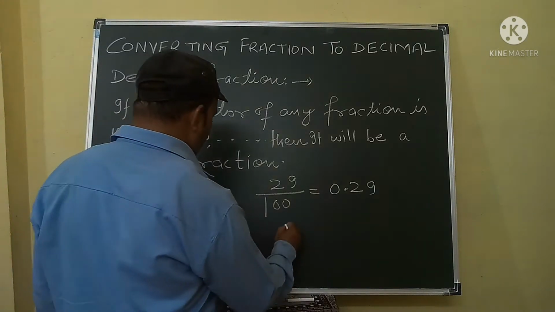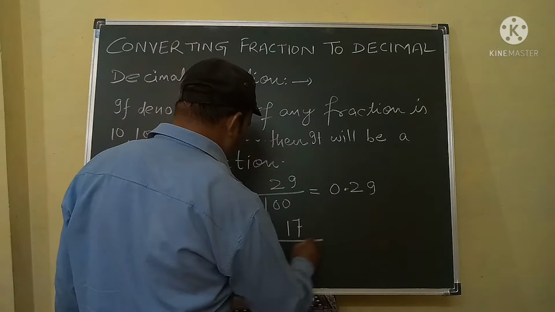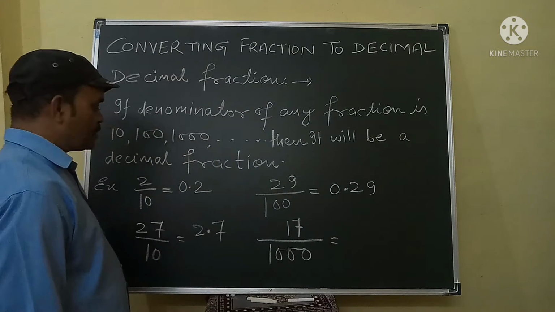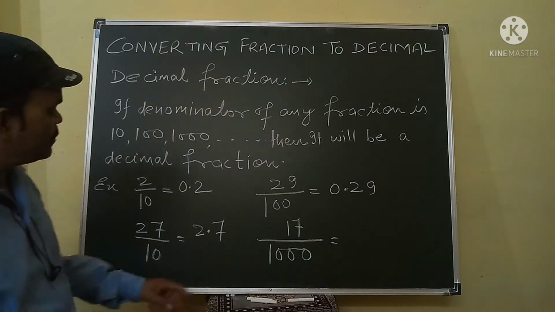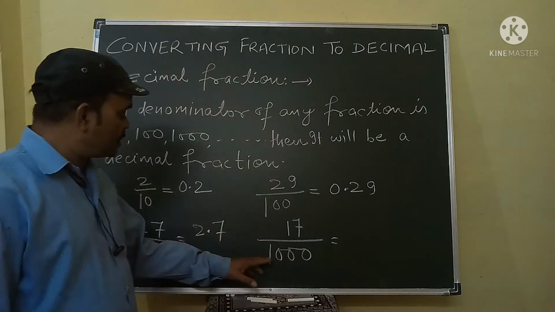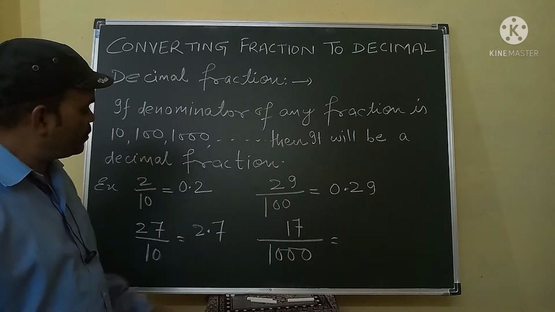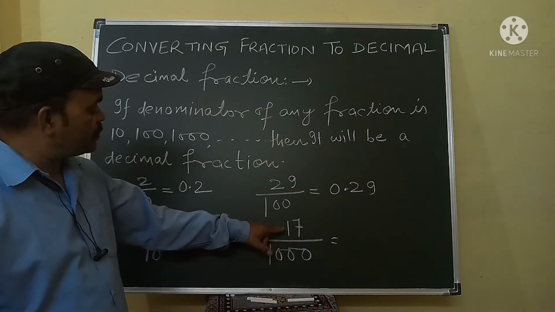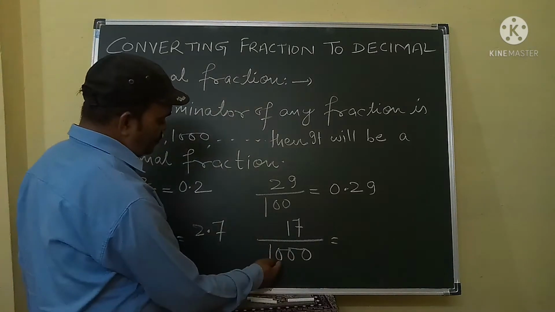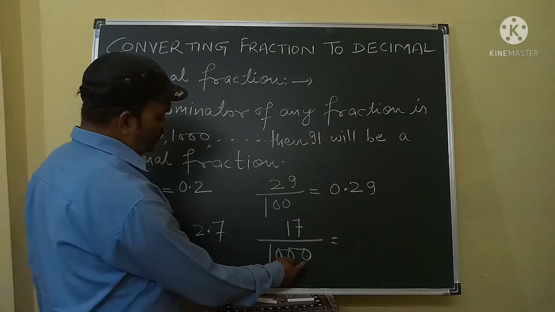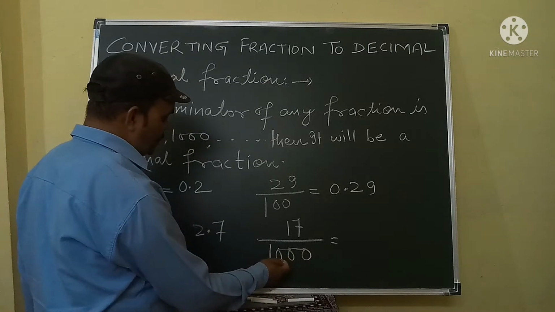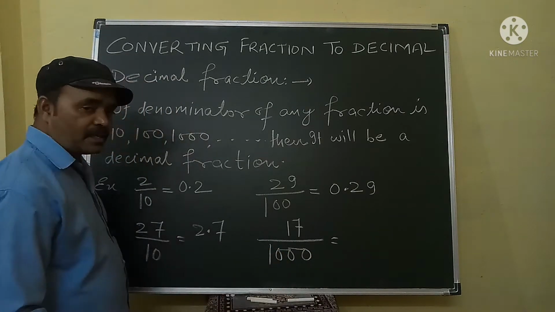In another example, suppose this is 17 upon 1000. Now look here, 17 upon 1000. In 1000 the number of 0 is 3, but in the numerator the number of digits is 2. So what will we do? According to the number of 0 in 1000, we will change the numerator.